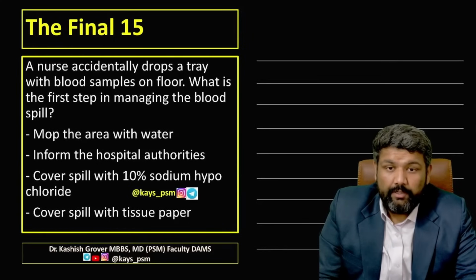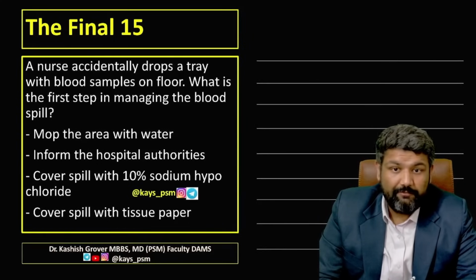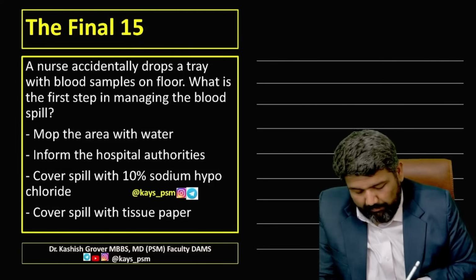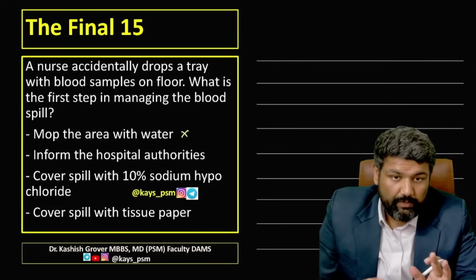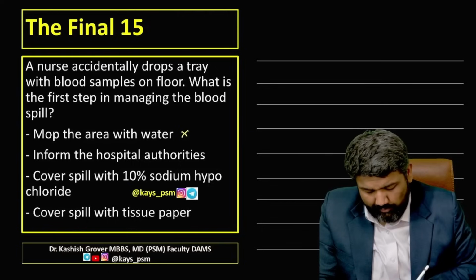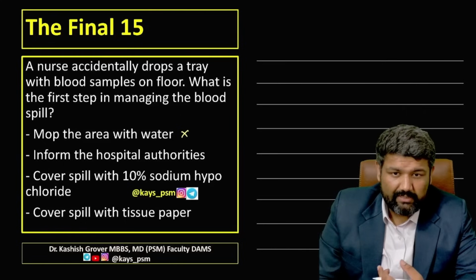A nurse accidentally drops a tray with blood sample on floor. What is the first step? Guys, whenever this situation happens, mop up the area with water? Absolutely no. There is blood over there. We cannot do it. Inform the health authorities can be considered, but not the answer.